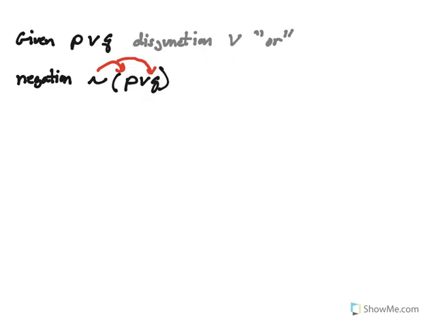So the first thing that we want to say is we want to understand that P or Q means... we actually have to give an example because it would make more sense. So let me go ahead and write this out first.